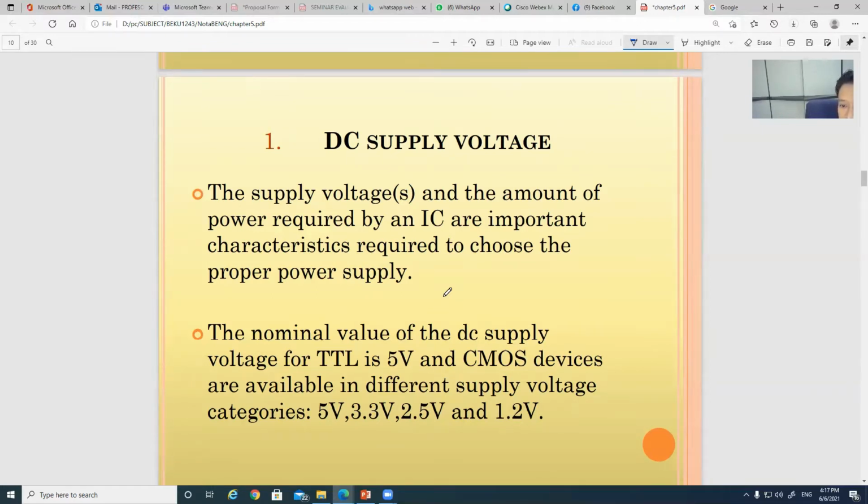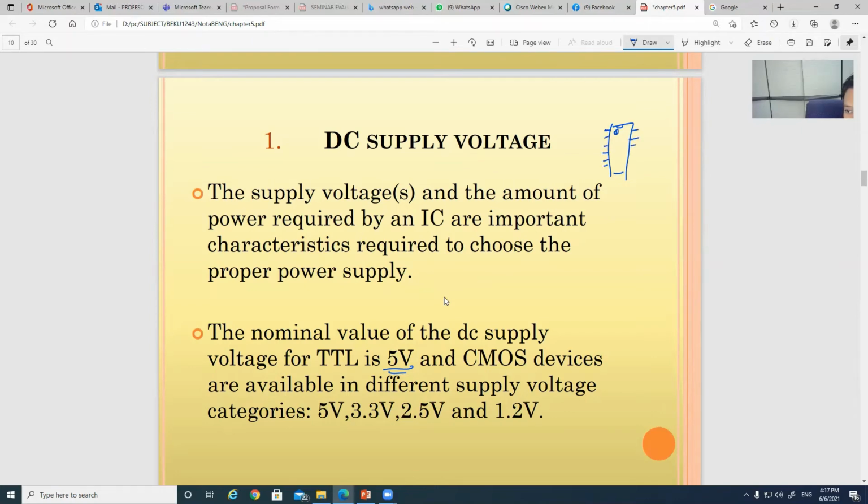Normally mentioned here, the nominal value of the DC power voltage for TTL is 5 volts, as mentioned before. We have to give the supply. For example, we have our IC, with pins 1, 2, 3, 4, 5 until 8.